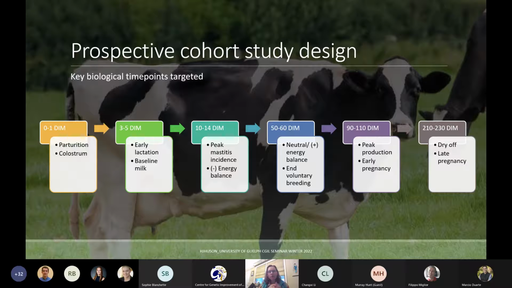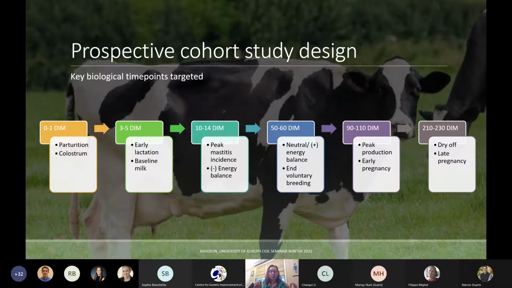And one of the big things that I did in setting up my study design was a prospective cohort study design, and it was longitudinal. So from this, we set up collecting data from key biological time points. A lot of times when we do these longitudinal studies, you'll often see every day, every week, or every month, or every couple months.